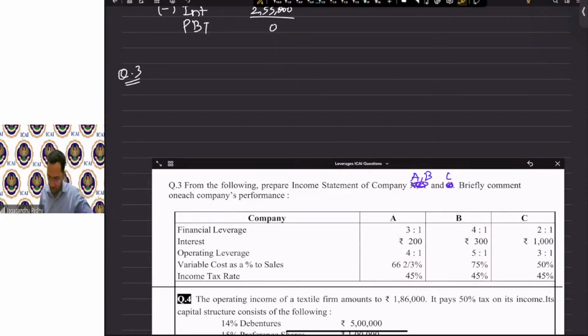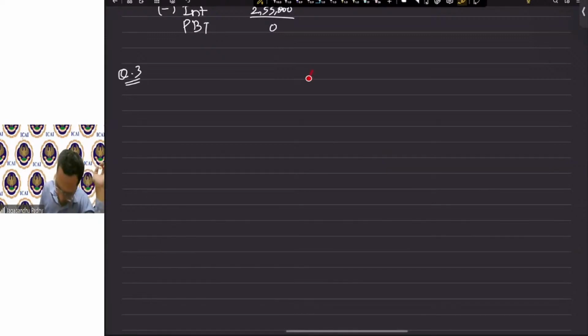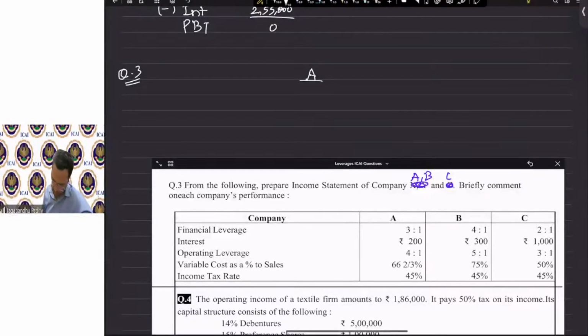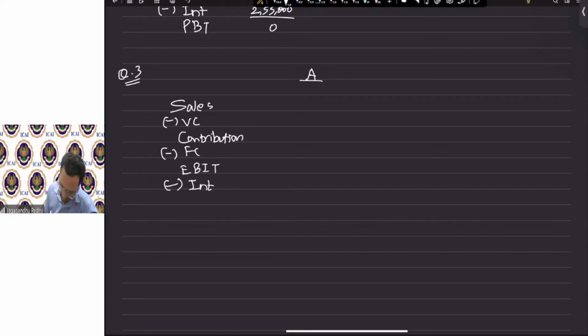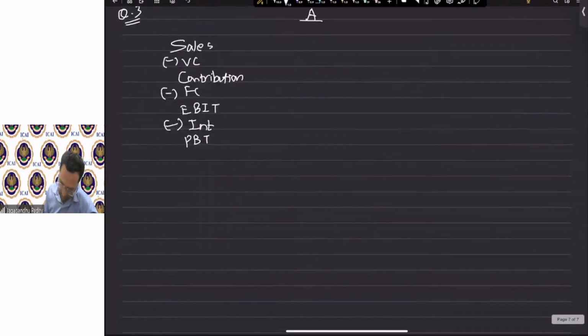Okay. So let me do it for company A. As far as company A is concerned, we have to prepare the income statement. Of course, income statement has to be prepared from sales. Sales less variable cost will give you contribution. Less fixed cost will give you EBIT. Less interest will give you profit before tax.